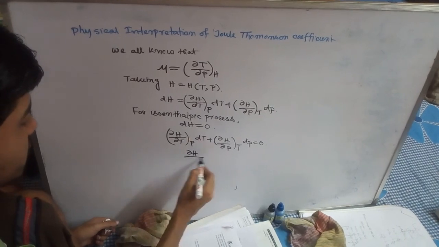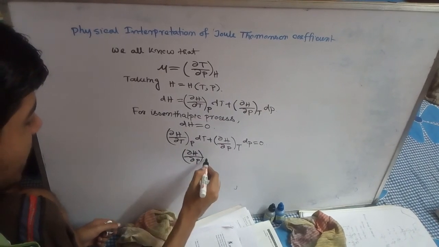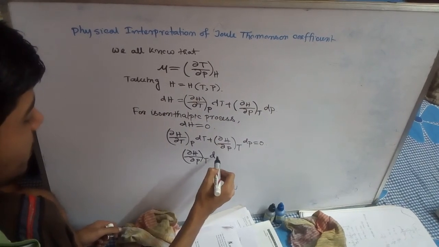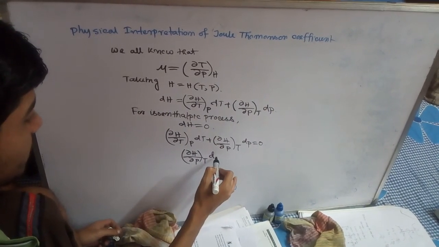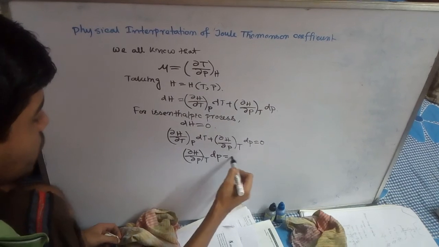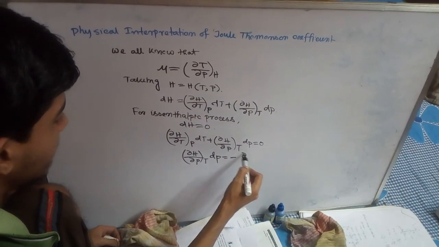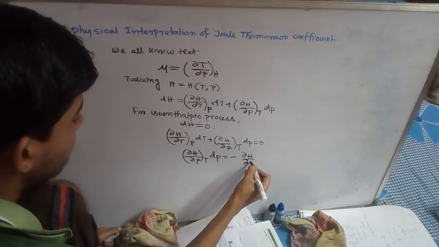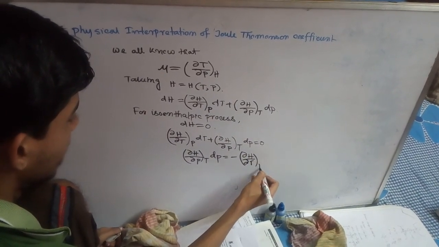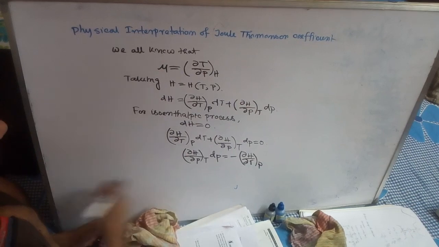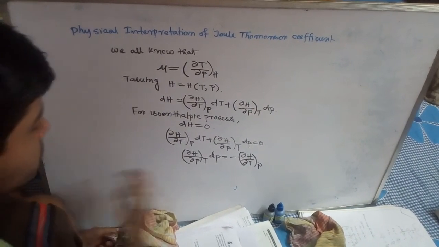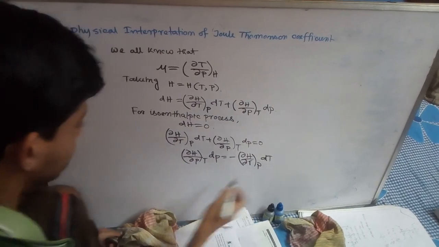So del H del P at constant T dP equals minus del H del T at constant P dT.